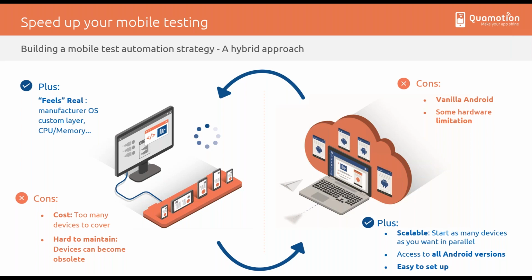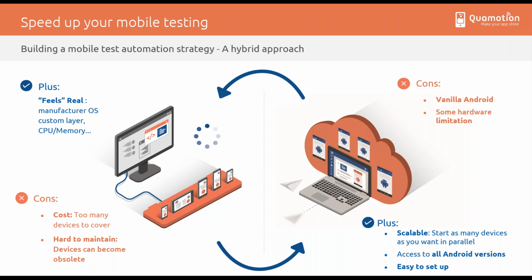So what we see is that testing on virtual devices can be faster and cost less because of its scalability. Because sometimes when you want to test on physical devices on the farm, you have to wait for the device availability. With virtual devices, it is more scalable, so you can start the number of virtual devices you want at the same time.